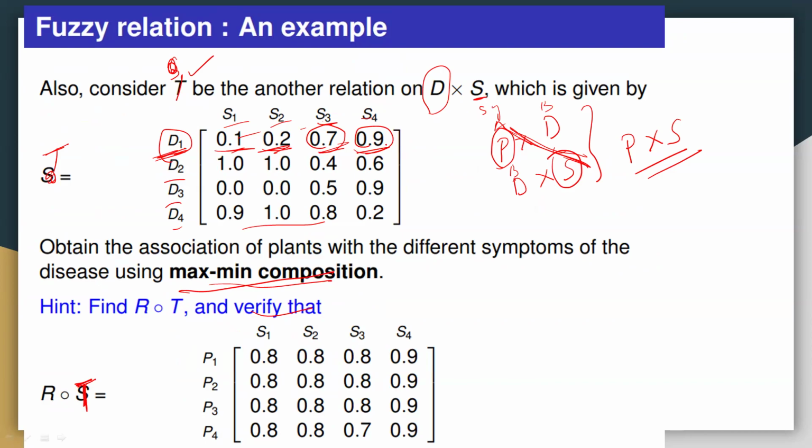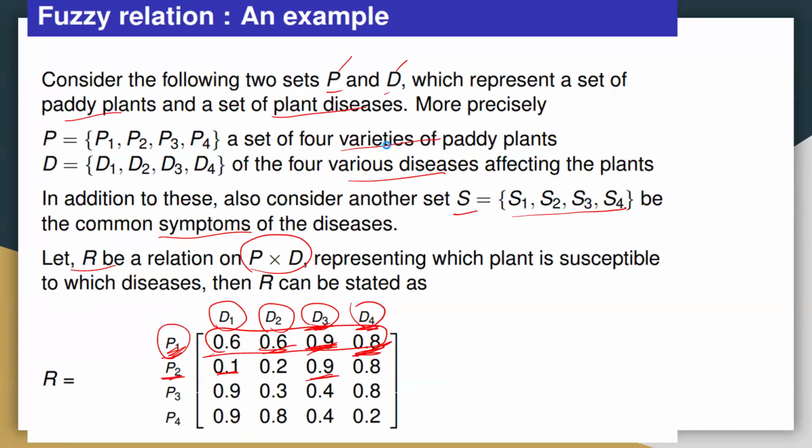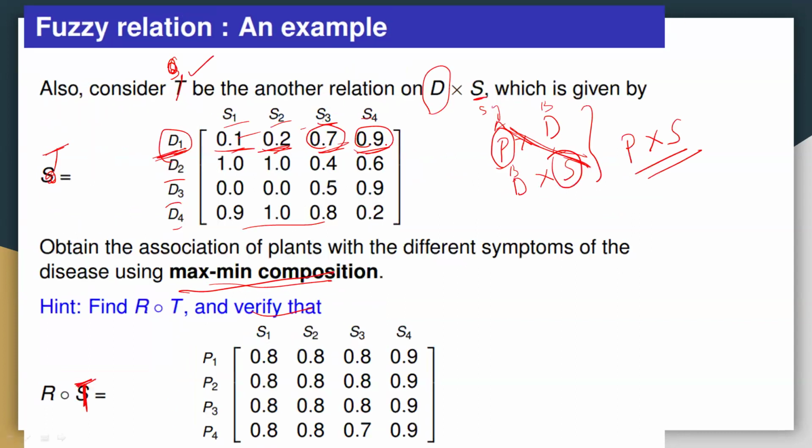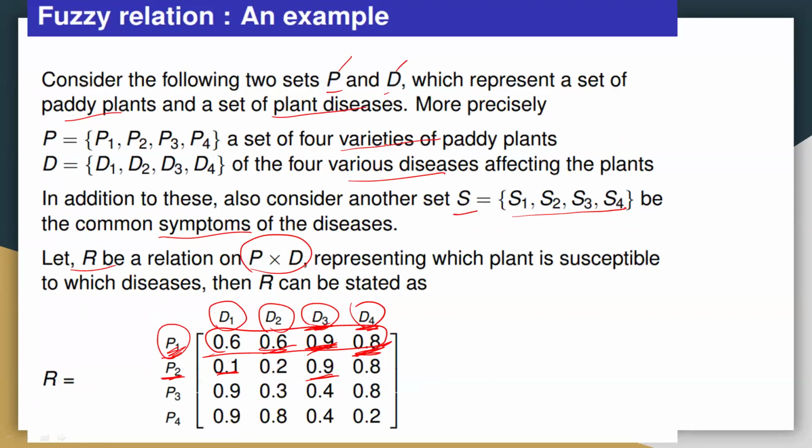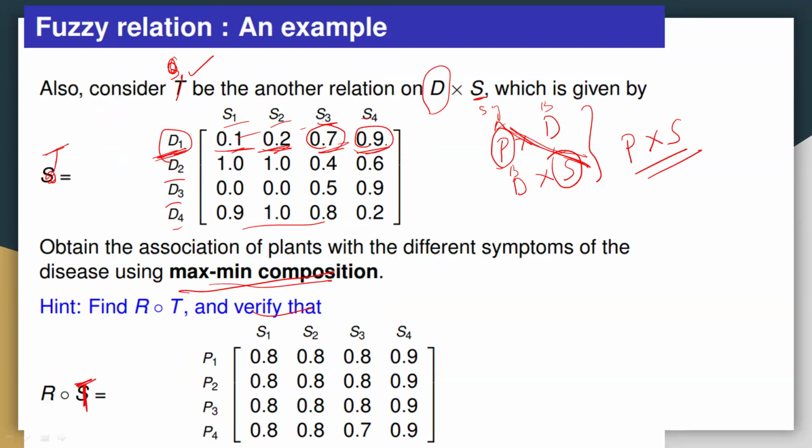So we find the minimum among all of them, and then we have to find the maximum. The output will be 0.1, 0.2, 0.7 and 0.8. From all the values, 0.8 is the maximum.